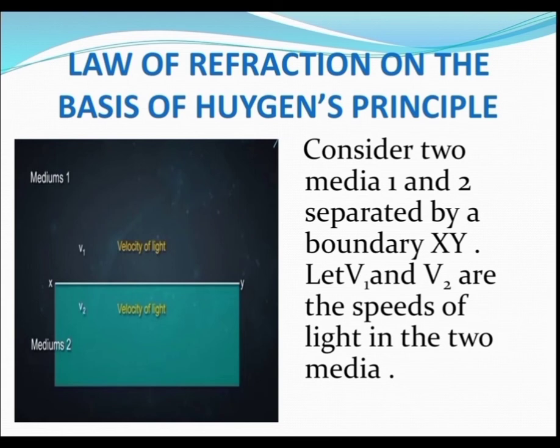Both the media are separated by an interface XY. So, write, consider two media 1 and 2 separated by a boundary XY. Let v1 and v2 be the speeds of light in the two media.